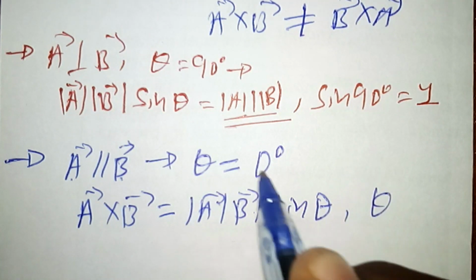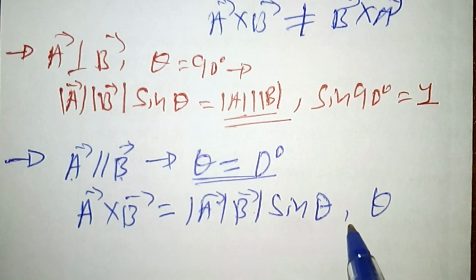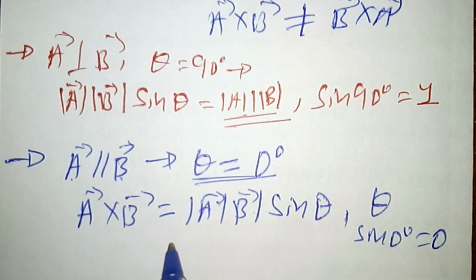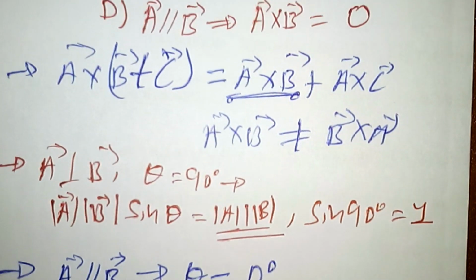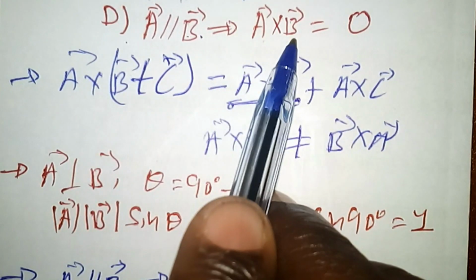Since theta is 0 degrees, and sine of 0 degrees is exactly 0, this number becomes 0. That means from alternative D, if A is parallel to B, then A cross B is 0.